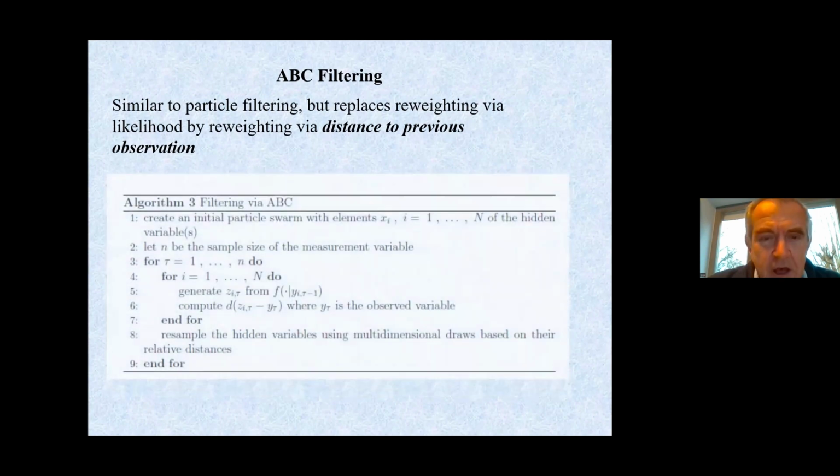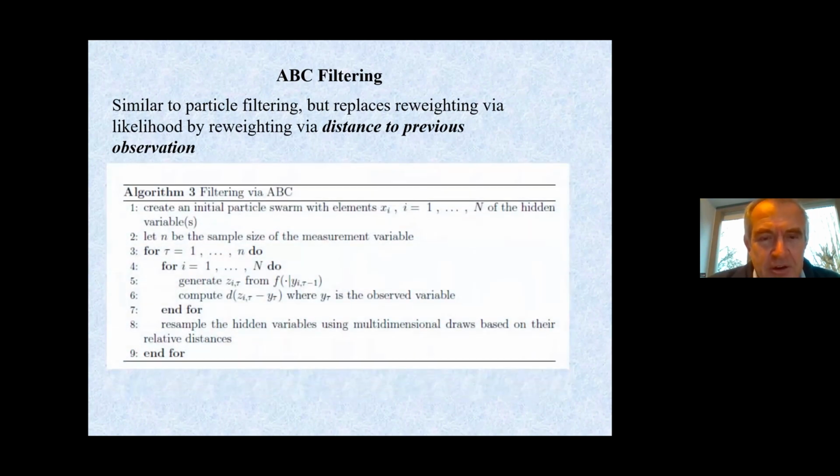Another advantage of this methodology, or another kind of achievement that you can get, is that you can also use it very shortly for filtering. You can use the distance in order to filter the realizations of the hidden variable.